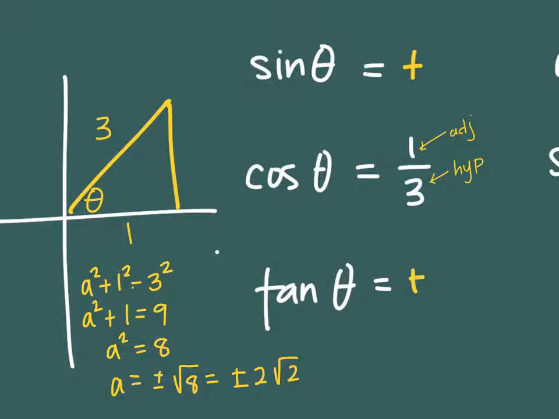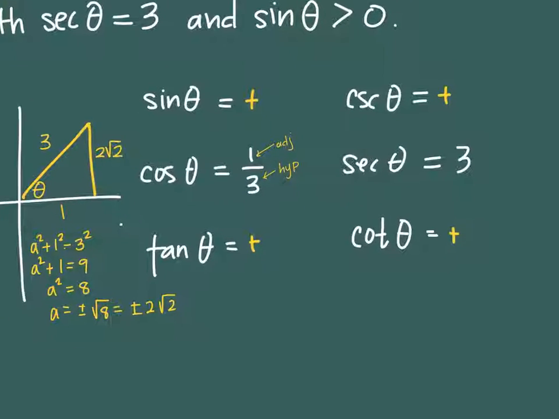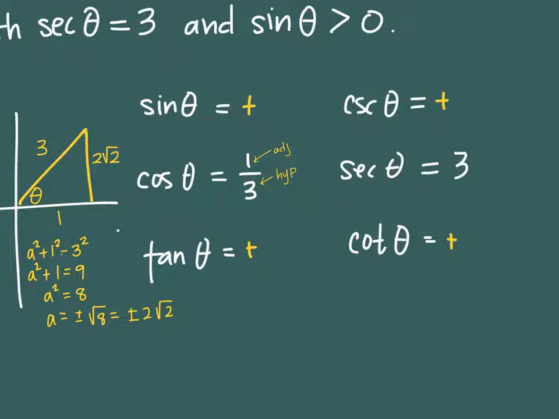But I know it's not going to be negative 2 rad 2 because I'm not using any negative numbers in this question. It's going to be positive 2 rad 2. So now that I have positive 2 rad 2 as my final side, I can go back to my blanks and fill in the remaining values.